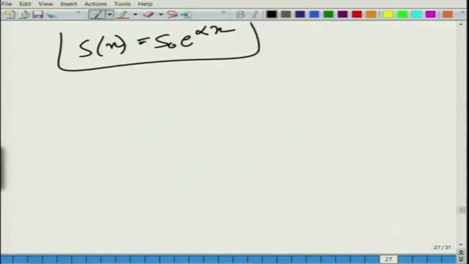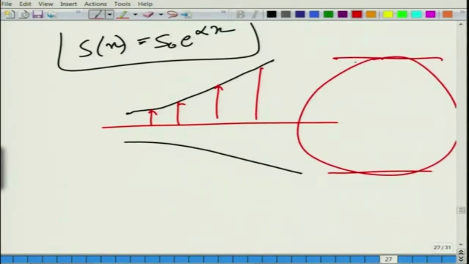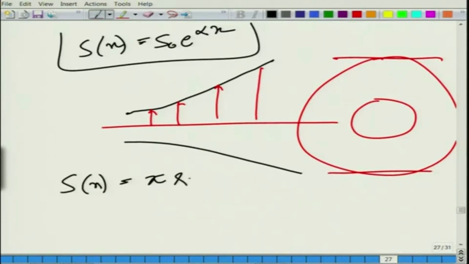Okay. What does it mean? If you start somewhere here, you will gradually be going like this. Let us say this is your axis, the radius would increase. So, you will get a duct whose cross section gradually increases in an exponential manner, and so does the radius, because remember from our elementary knowledge S(x) is nothing but pi into r(x) square.